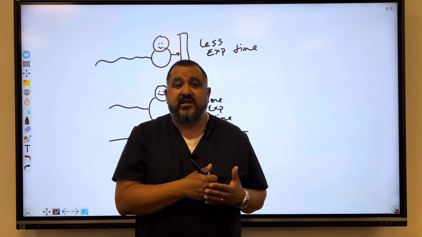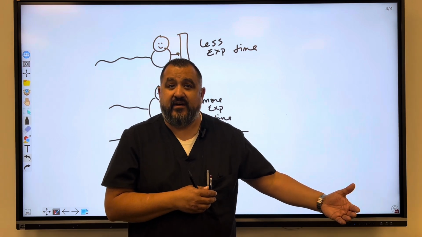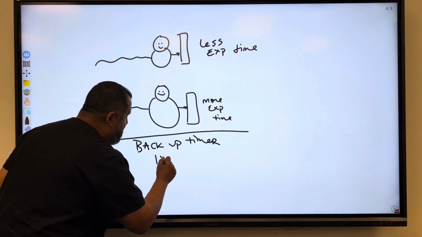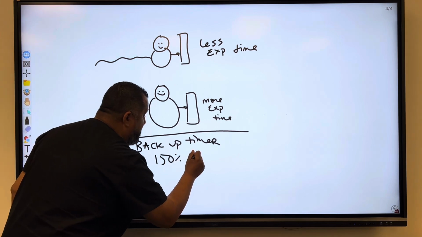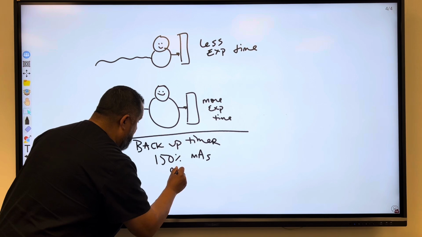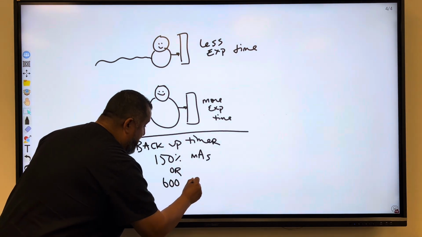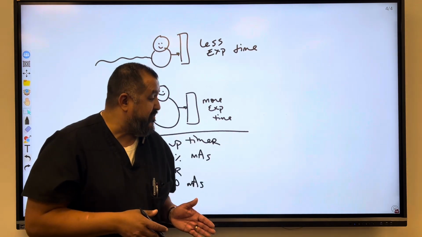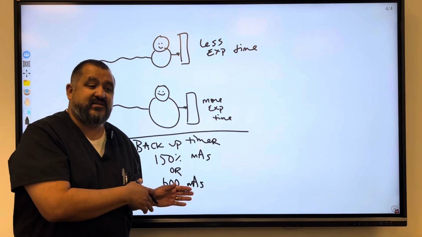Well, you wouldn't exceed 150% of that amount of 40 mAs. So backup timers are usually set at 150% of the anticipated mAs. It cannot exceed that, or it can't go past 600 mAs. Now, if you're using 600 mAs, something's going on, right? So again, this is the backup timing system.